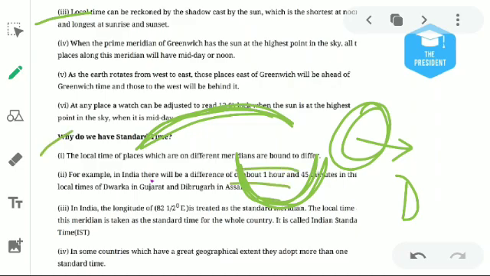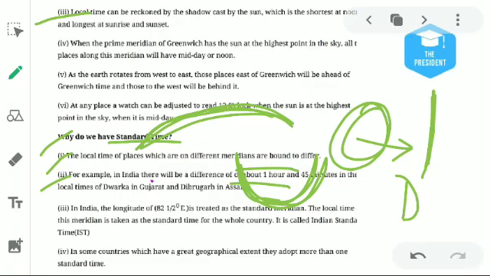Some countries choose a specific meridian line, a longitude line, to determine their time. That line is known as the standard time zone, and it also represents the local time.